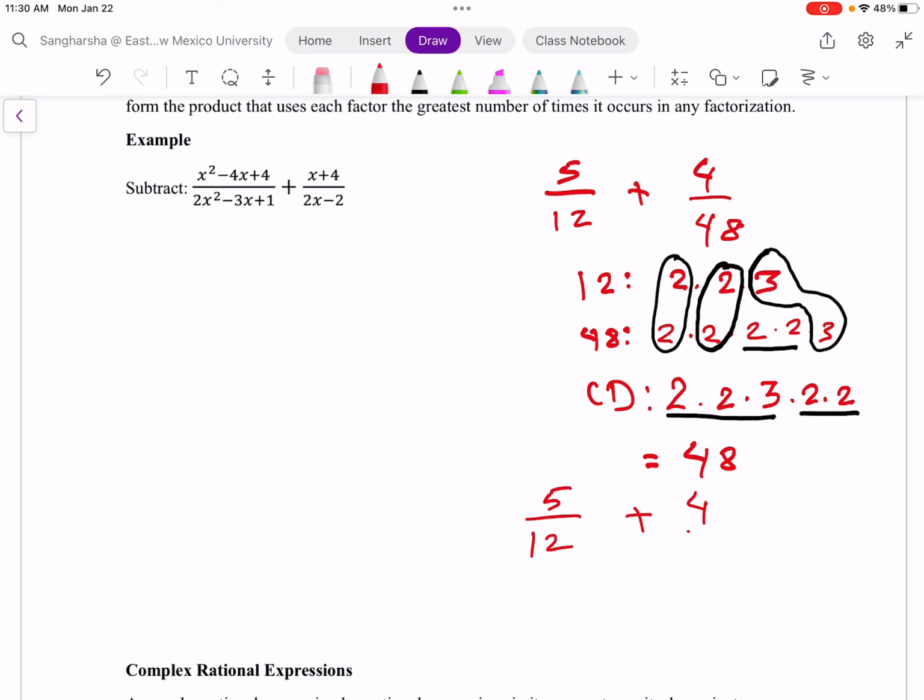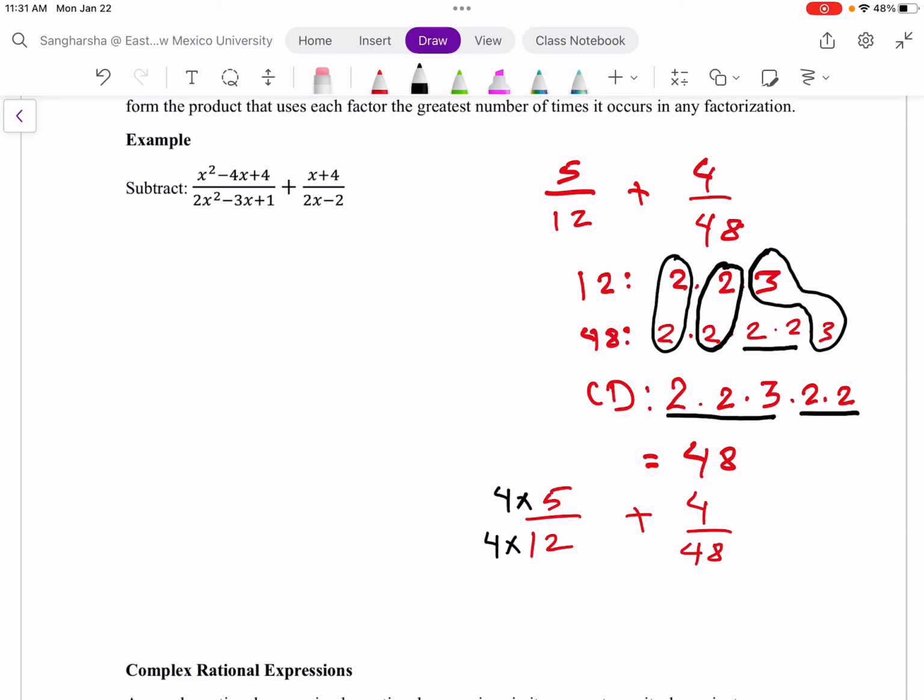Once we have the common denominator, we need to make the denominator of each expression equal to the common denominator. Now, how do we make 12 equal to 48? Multiply by? Now, where do we multiply, in the denominator or in the numerator? Both. Yes. So we multiply the numerator and denominator of this expression by 4, because we need to have 48 in the denominator.